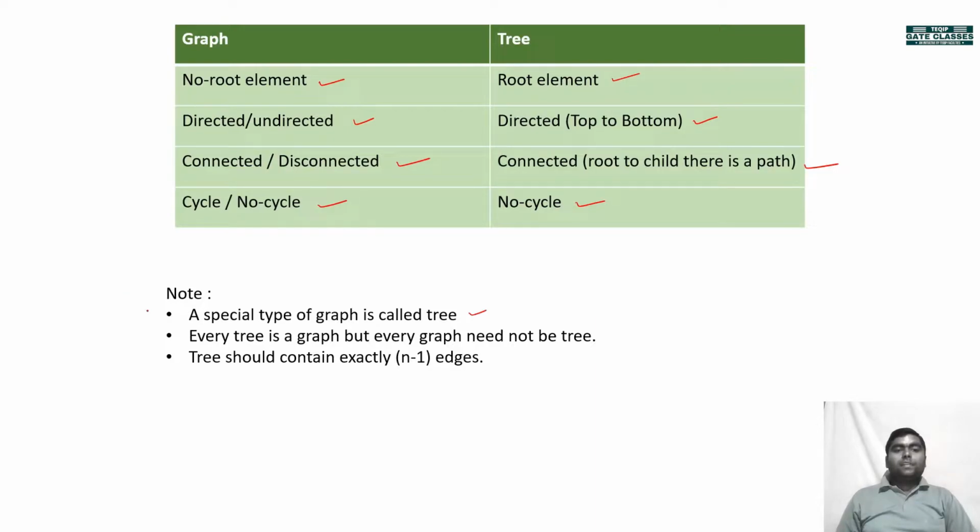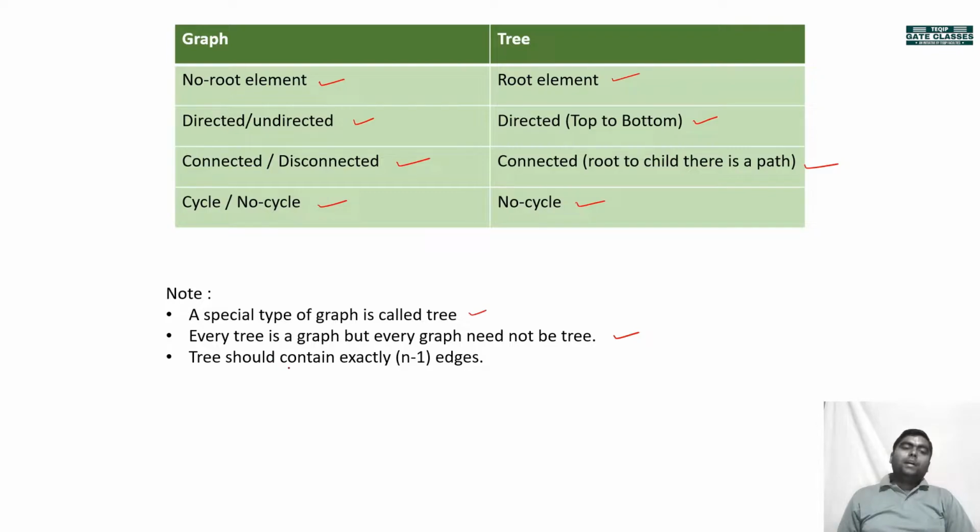And the second one is: every tree is a graph, but every graph need not be a tree. In terms of set theory, a graph is a superset and a tree is a subset. So there are some restrictions on a graph in order to be a tree.